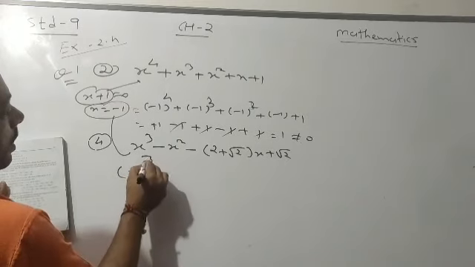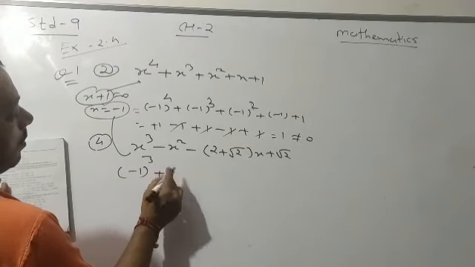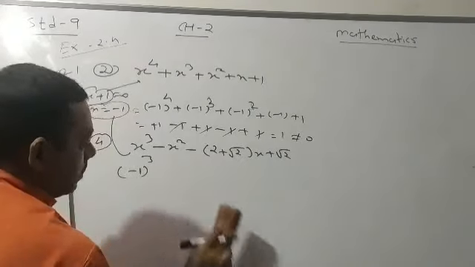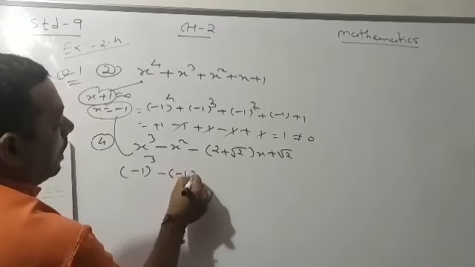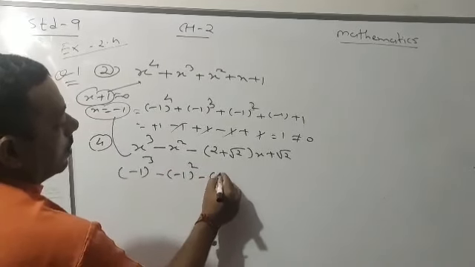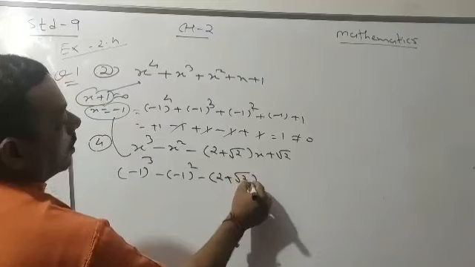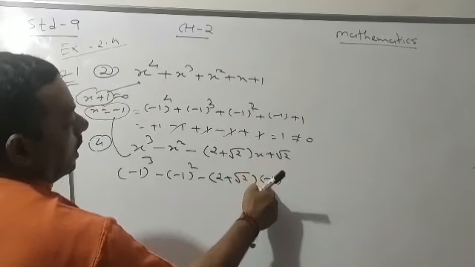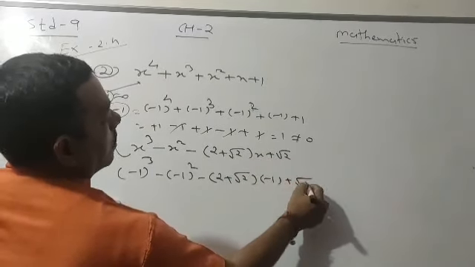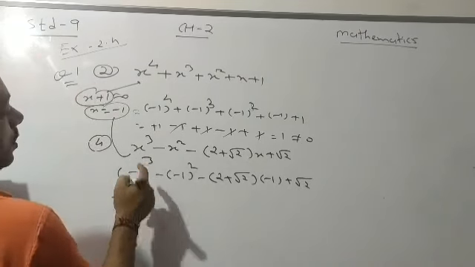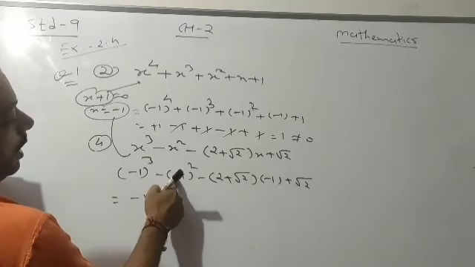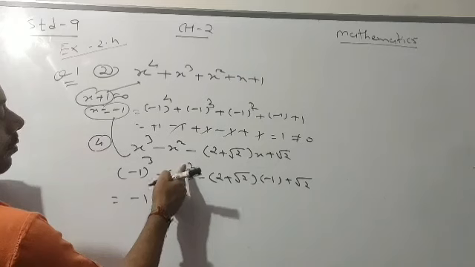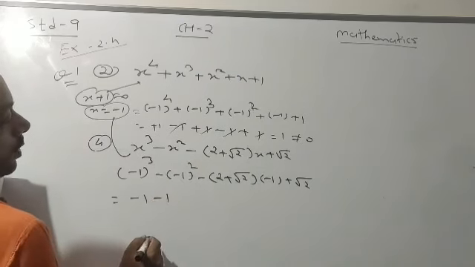So minus 1 power 3, minus of minus 1 power 2, minus 2 plus root 2 along with x, that is minus 1 plus root 2. Now open this. Minus 1 cube means minus 1. Minus 1 square is plus 1, but due to this negative sign it is minus 1.